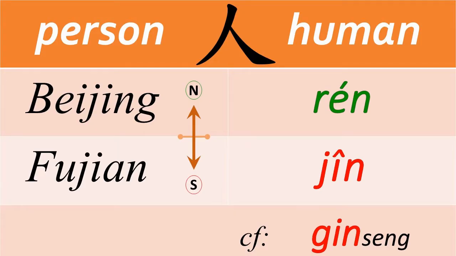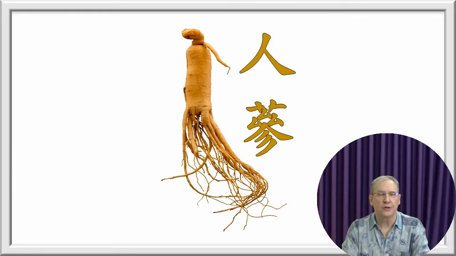In the southern areas of Fujian and Taiwan, the formal pronunciation of person or human is jin, which is much older and much closer to the original pronunciation of thousand, qian. Compare also the word ginseng, a medicinal root shaped somewhat like a human body.